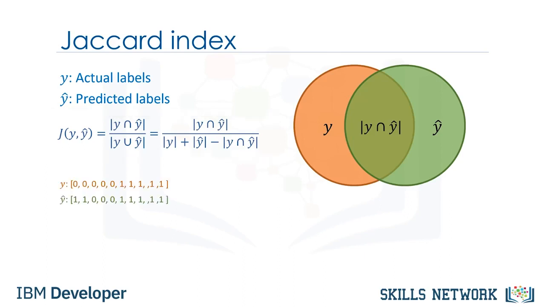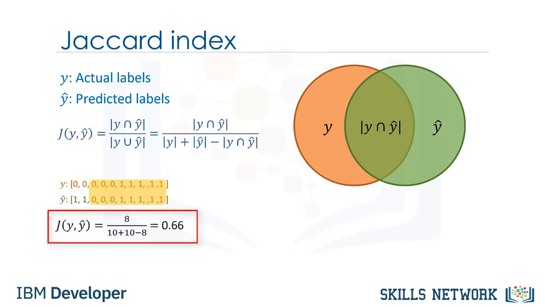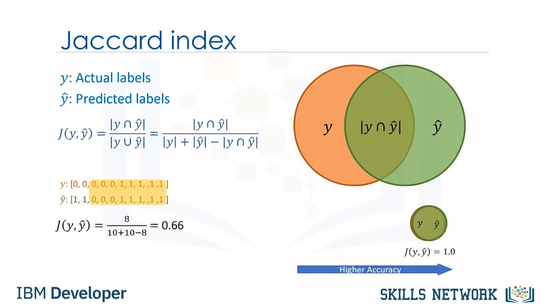For example, for a test set of size 10 with 8 correct predictions, or 8 intersections, the accuracy by the Jaccard Index would be 0.66. If the entire set of predicted labels for a sample strictly matches with the true set of labels, then the subset accuracy is 1.0. Otherwise, it is 0.0.